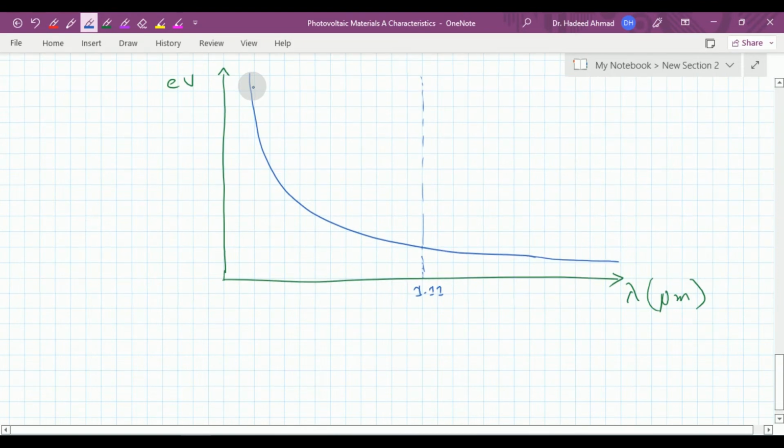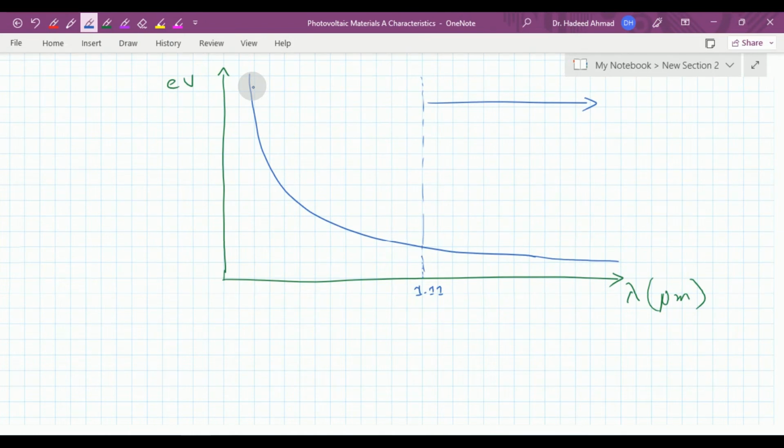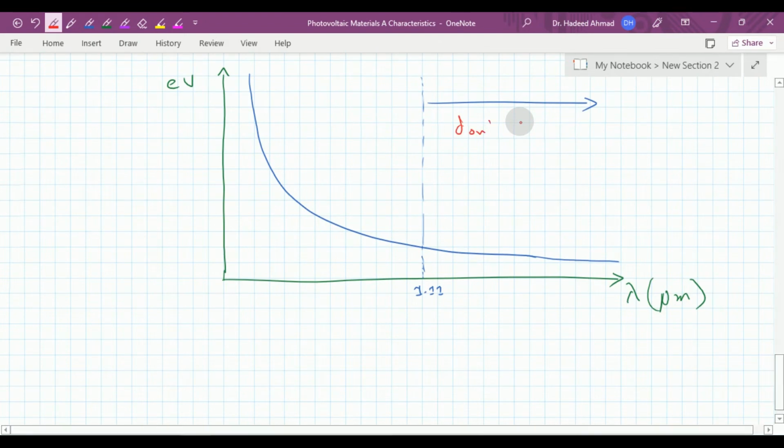So if we increase the wavelength, which is obviously increasing on the right side of this particular axis, the photons do not have enough energy, Eg, to excite the electrons.